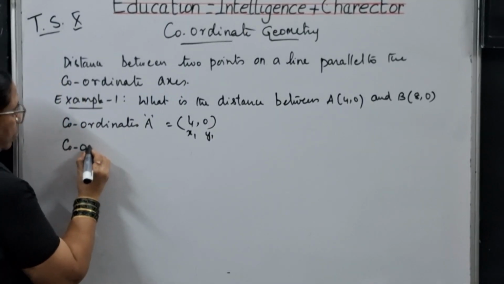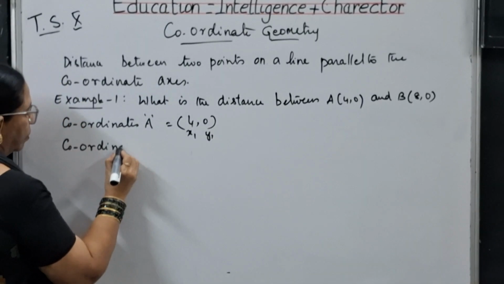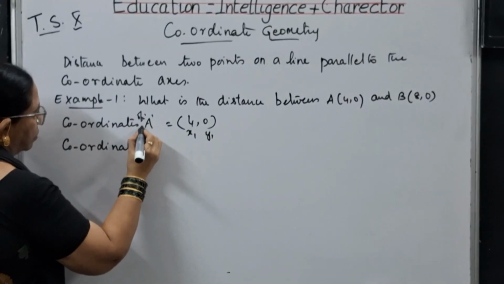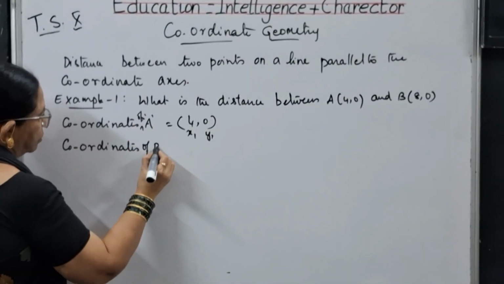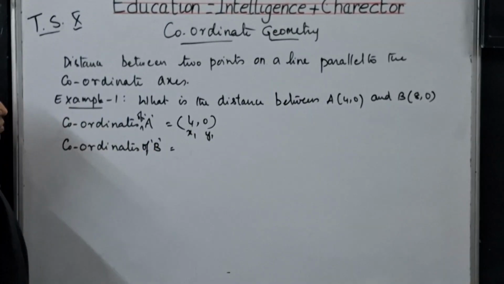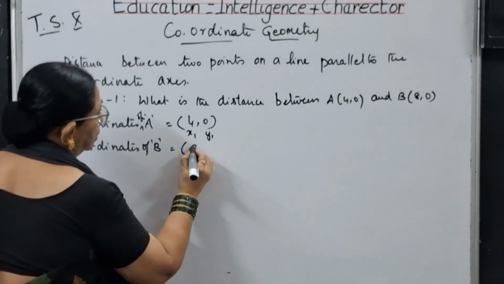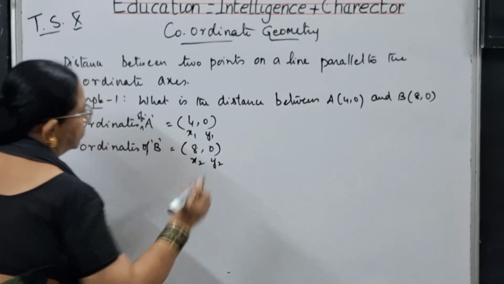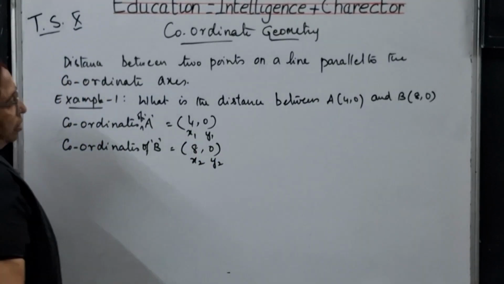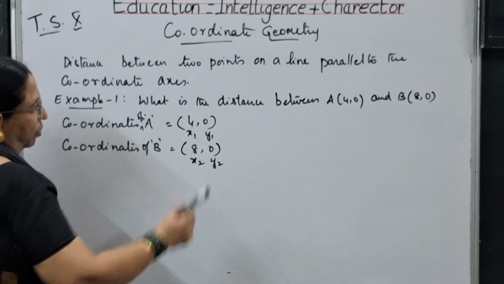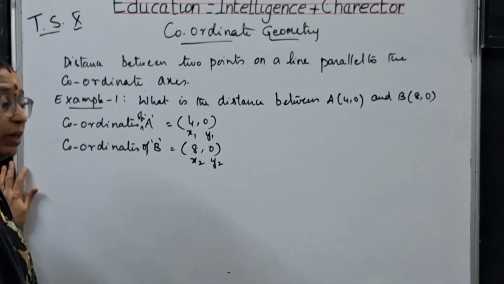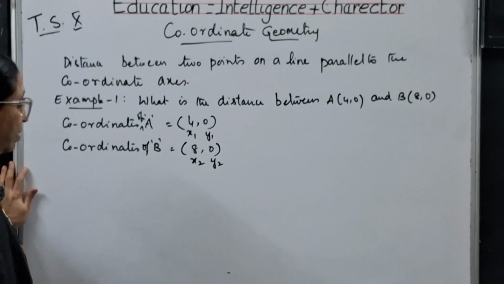And coordinates of B is equal to (8, 0); I forgot to write it, children. So this is x2, y2. See, children, here there is 0 as the y coordinate. So a y coordinate of 0 means definitely the point lies on the x-axis.